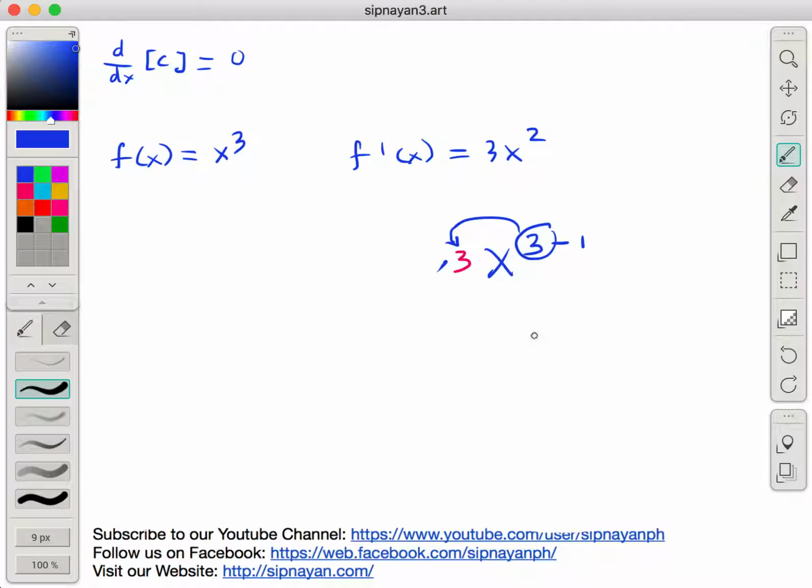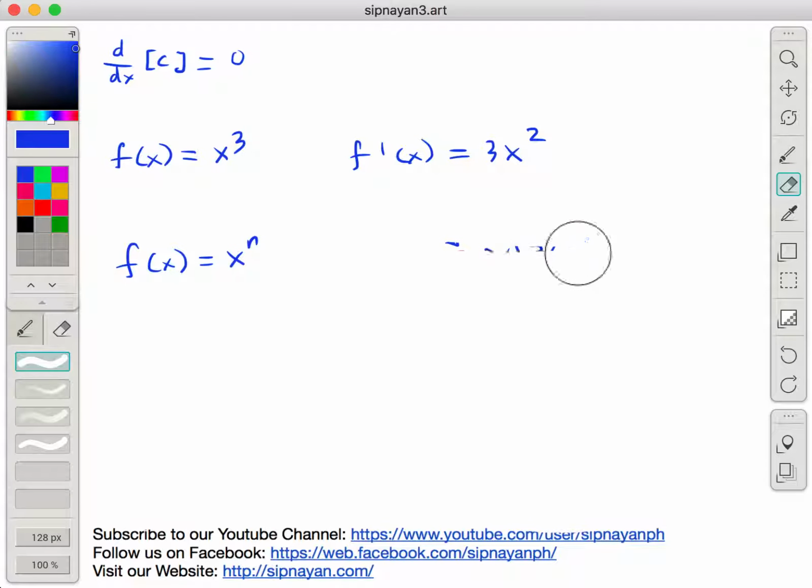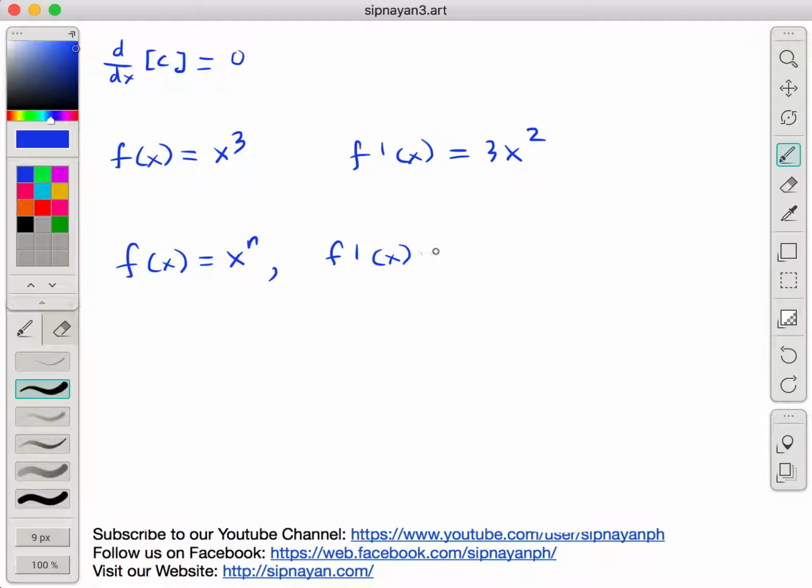Yan actually dyan natin kukunin yung formula ng susunod na rule natin, yung power rule na tinatawag. So, if we have the function f of x in general equals x to the n, where n is any real number, then f prime of x is equal to n x raised to the n minus 1.